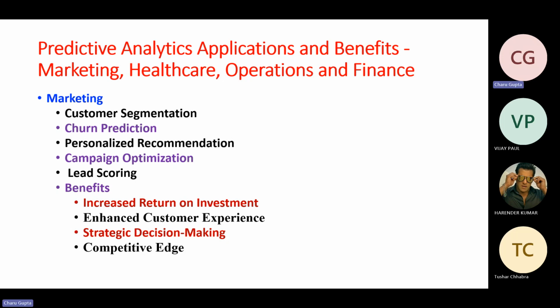So its applications in marketing include customer segmentation, churn prediction, personalized recommendation, campaign optimization, and lead scoring, which helps in increasing the return on investment, enhancing the customer experience and decision making.